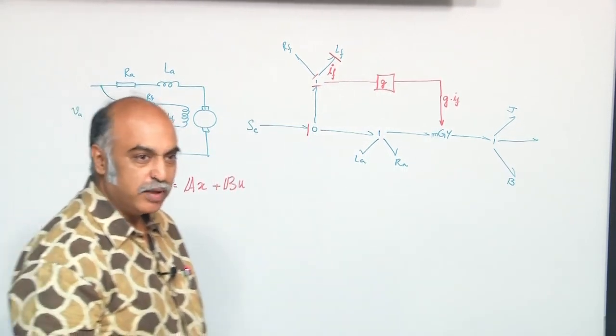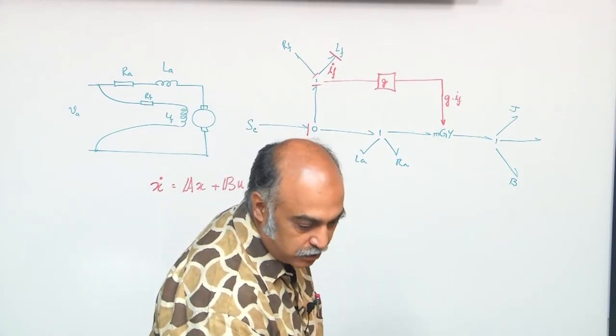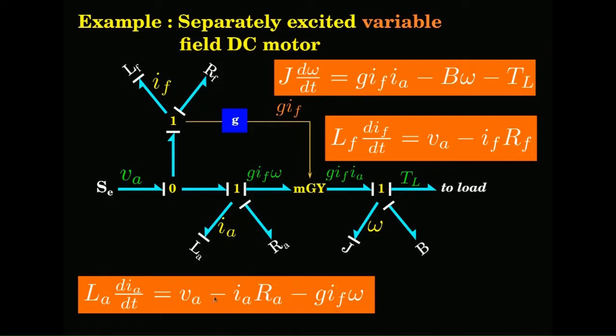We have state multiplication here, right? You have IFIA and you have IF omega here. So, I have to just leave it at that. So, this is the large signal model, but then it is not linear. You cannot apply any of your control theory because almost all your theory is based on linear systems.